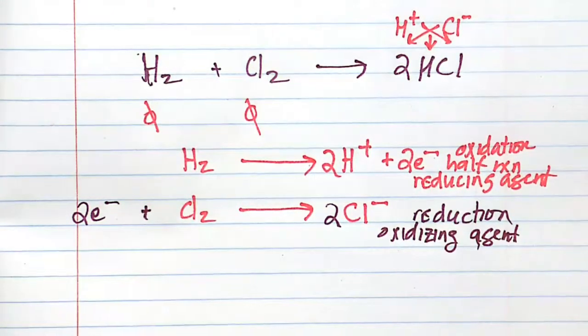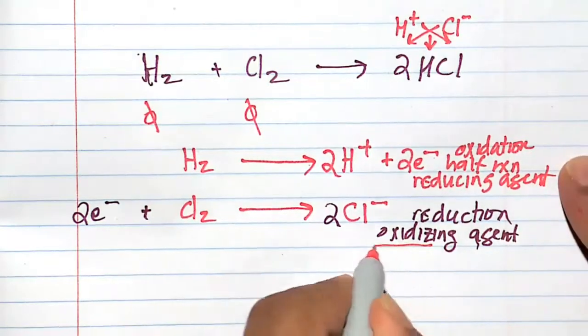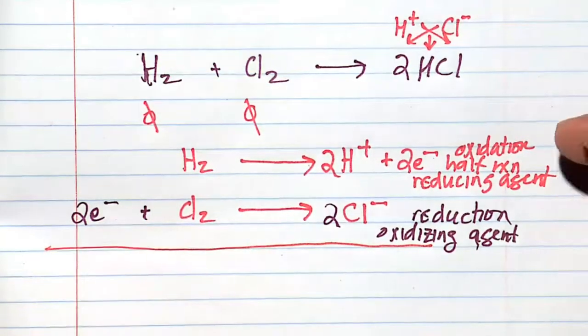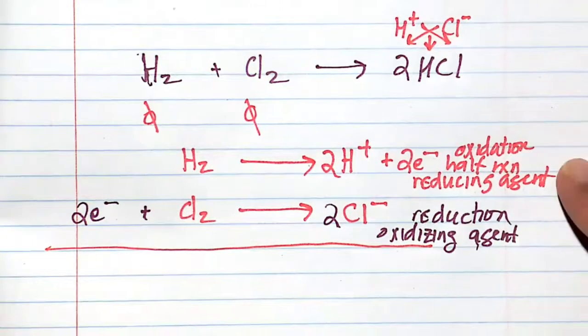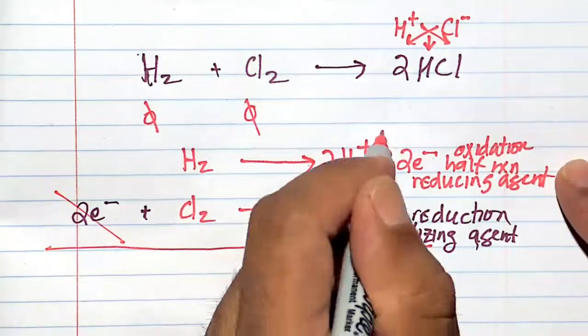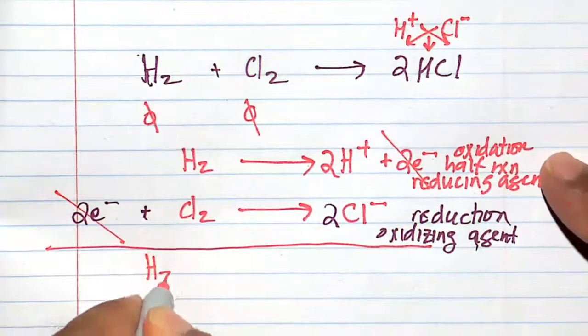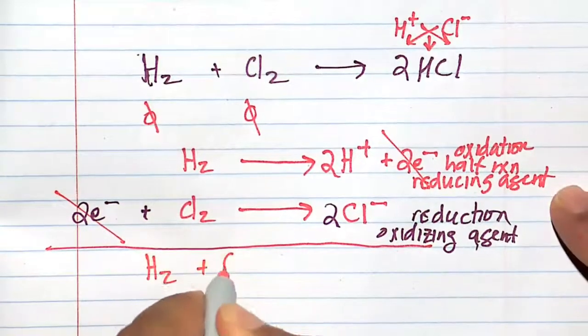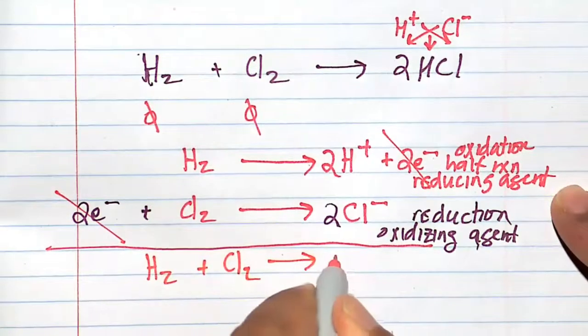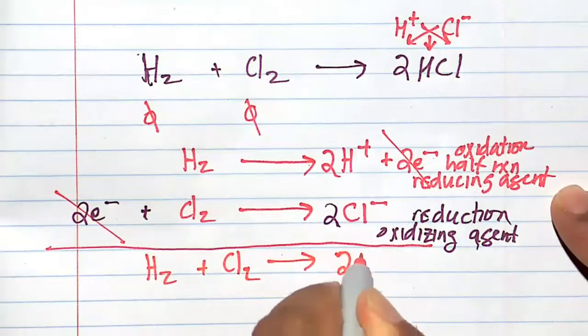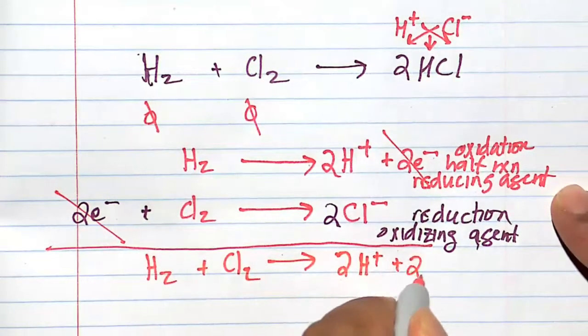Now let me go ahead and take the next step here. If we add an oxidation half reaction to a reduction half reaction, you always want to cancel out your electrons. Adding these two up, I'm going to get what I started with, which is H2 plus Cl2 goes to 2H+ plus 2Cl-.